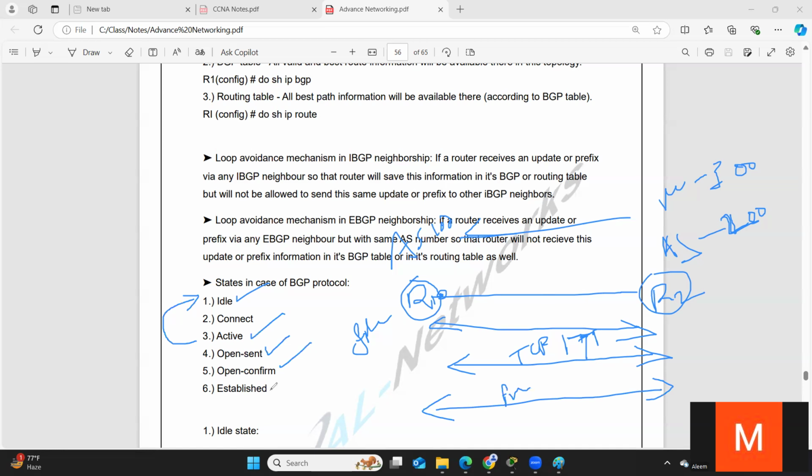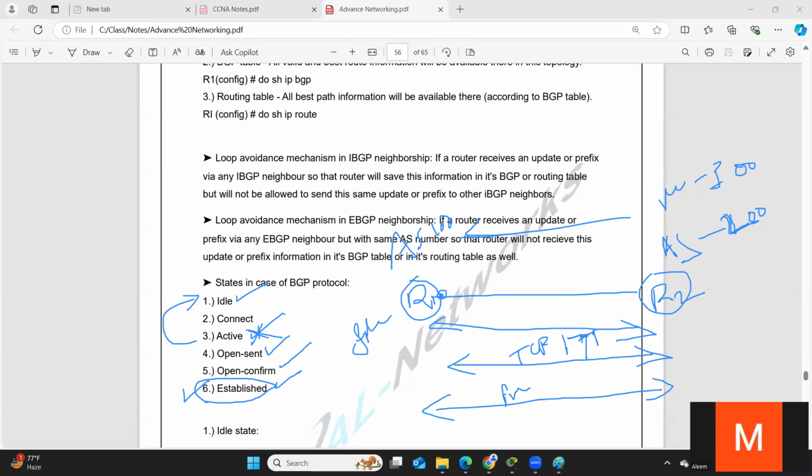Once they confirm, it is established. Established means the neighborship is formed between them. If it is active, the neighborship is not formed. Active is not good in BGP; established is good. I'll verify it in the lab.